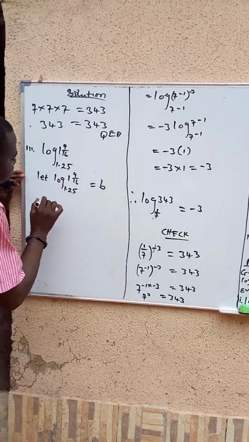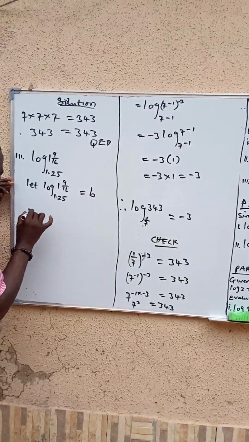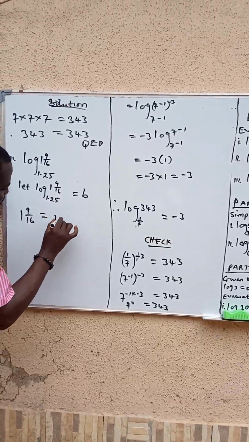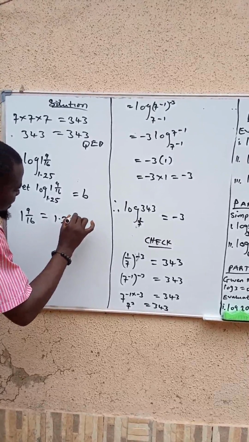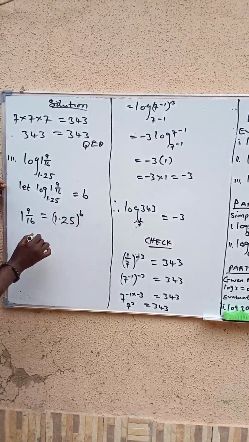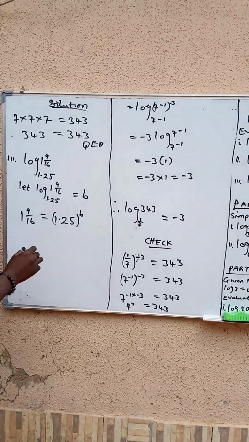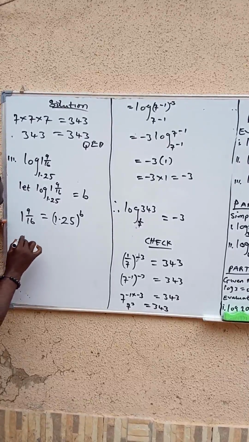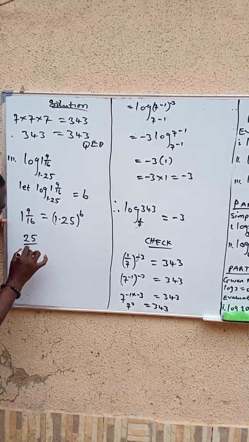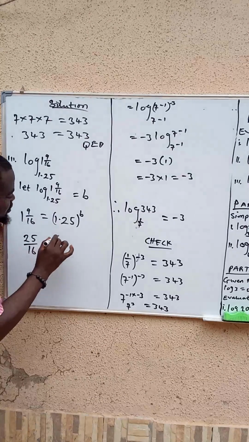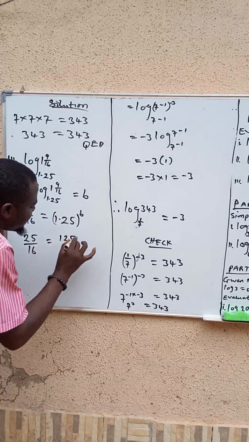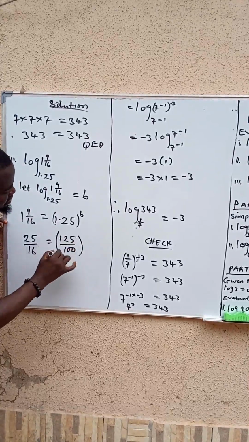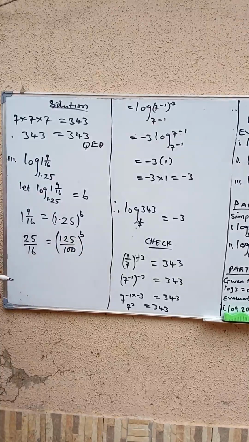That simply means that 1 whole number 9 over 16 is equal to 1.25 raised to the power of b. Now 1 times 16 is 16, 16 plus 9 is 25. That is 25 over 16 is equal to 125 over 100, all raised to the power of b.